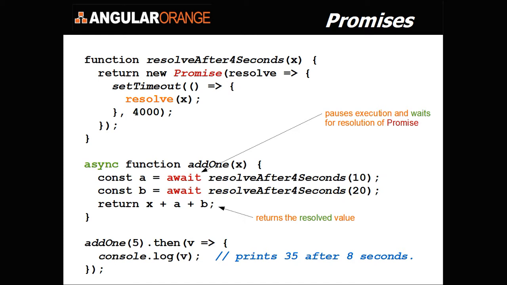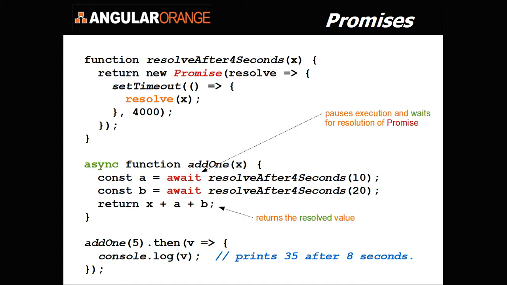Okay, so what you could do is define an async function called add1, and when you define this function, it takes an argument, and basically what you can do is call the consumed promise value, which I'm calling resolveAfter4Seconds, and I pass in a value of 10.